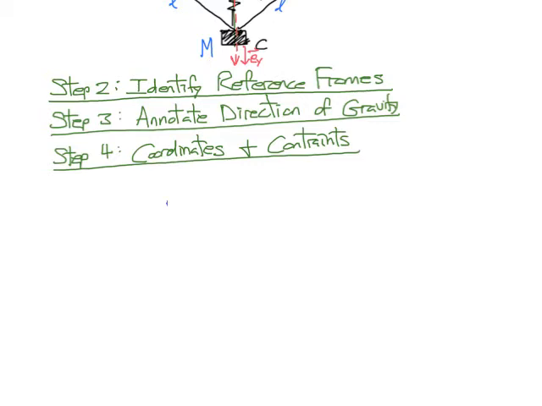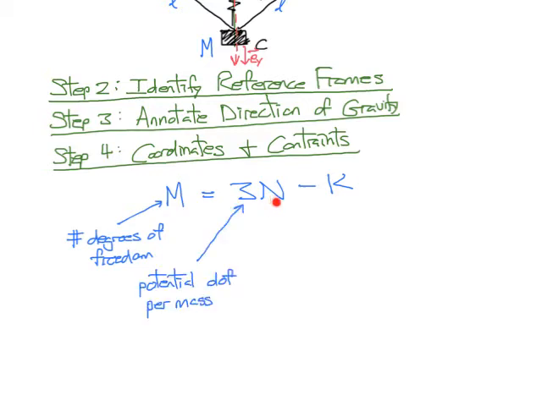That's defined by m is equal to 3 times n minus k. This is where m is the number of degrees of freedom in the system. The coefficient 3 is the potential degrees of freedom per mass in the system. N is the number of masses in the system. And then k is the number of constraint equations that we have that reduces the potential degrees of freedom to the number of actual degrees of freedom.